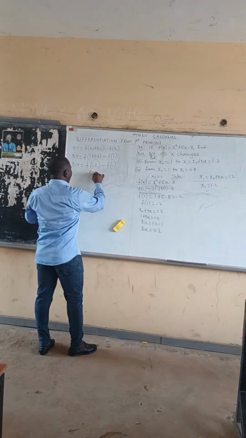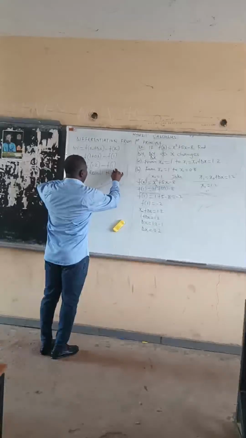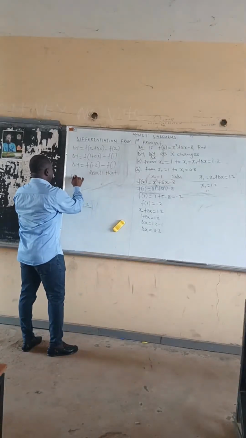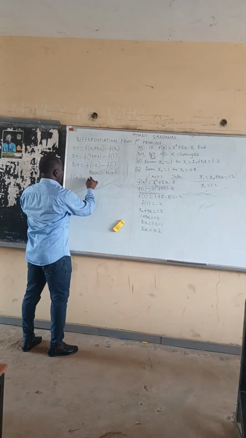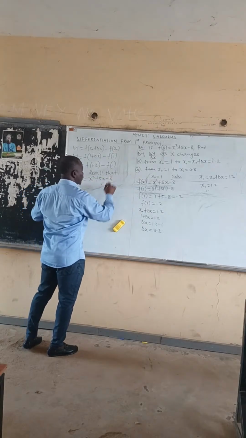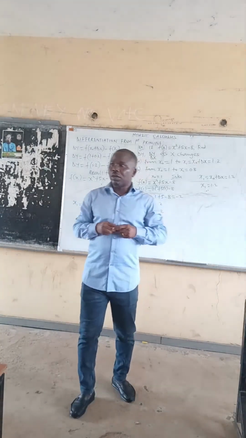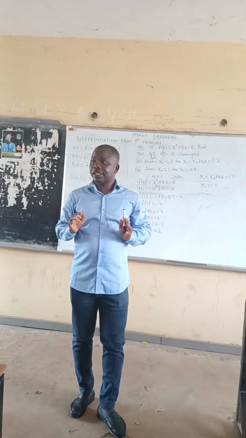Then we now recall back to the function. Recall how to find our dy. Recall our f of x is given as x squared plus 5x minus 8. True or false? It's true, right? Yes, you agree with me.